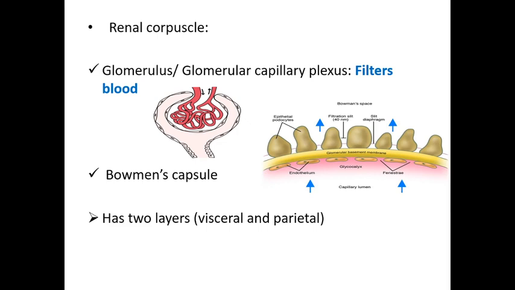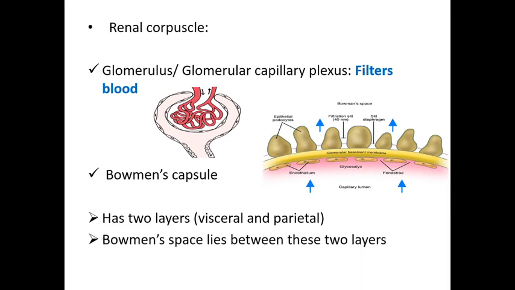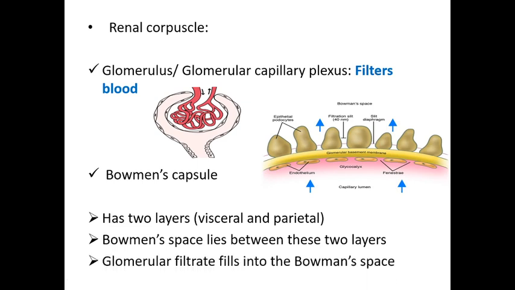So when blood is filtered across these glomerulus, the whole blood except the blood cells and the proteins get filtered into the Bowman's space, the space between the two layers in the Bowman's capsule. And this is that glomerulus or the glomerular capillary plexus through which this filtration takes place. And this filtration of blood is the first step in urine formation.